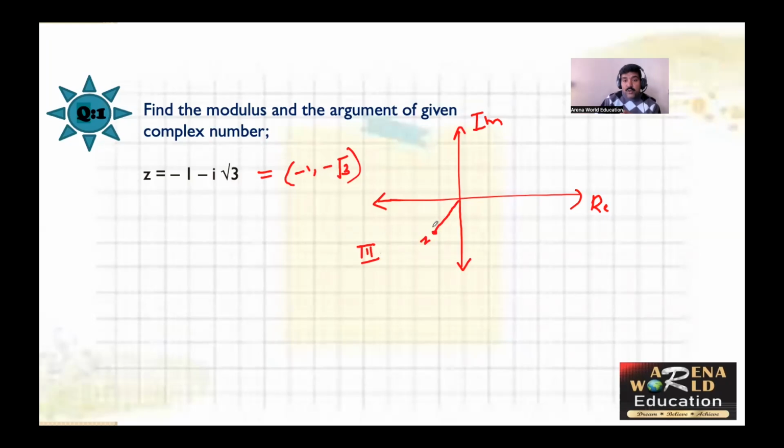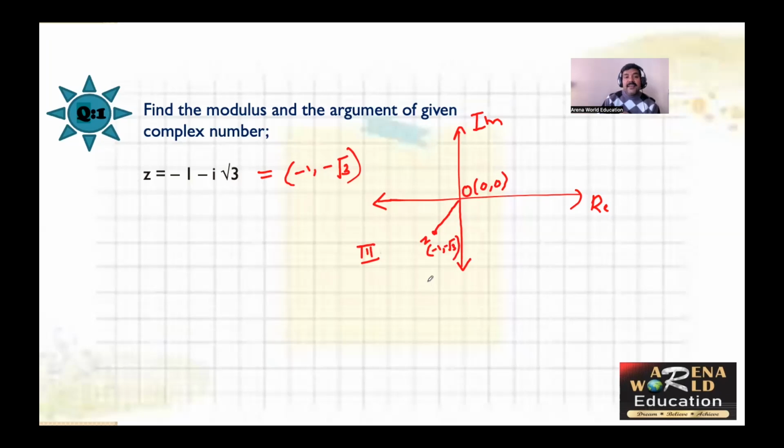We will just join this complex number Z with the origin. The origin has coordinates (0, 0), and Z has coordinates (-1, minus under root 3).